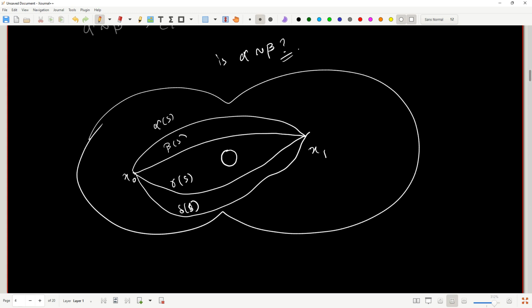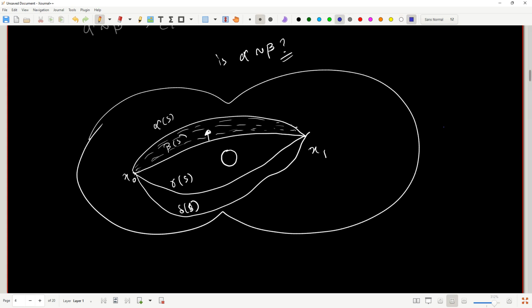Well, that's true, because you can start from beta, let's say, and you can continuously deform it to go to the place where alpha is.